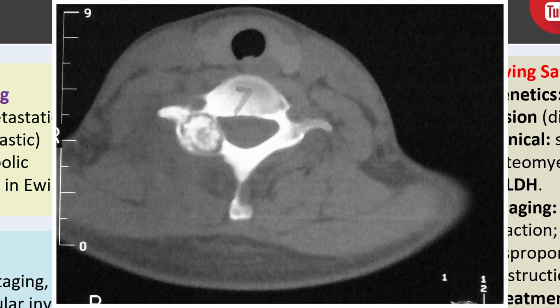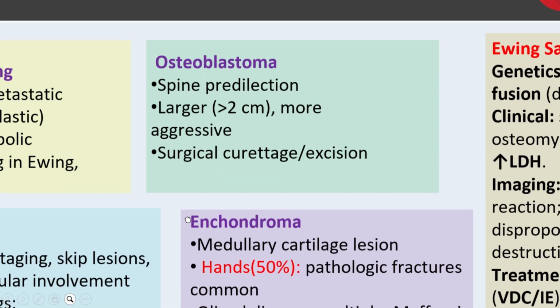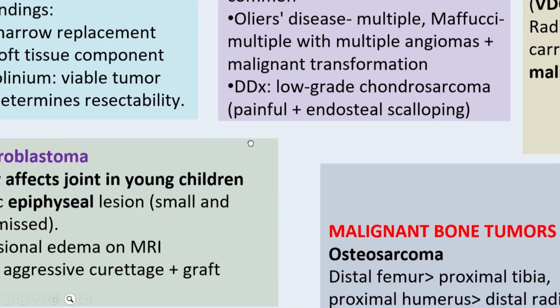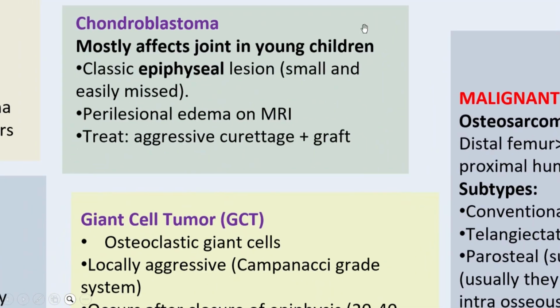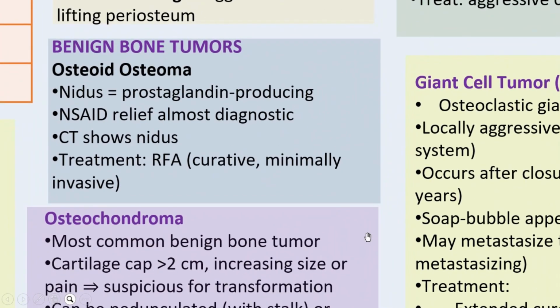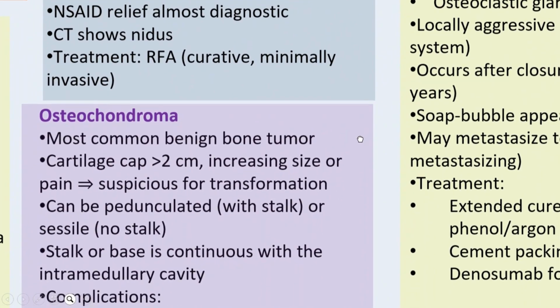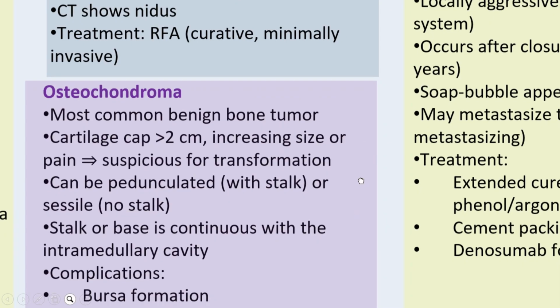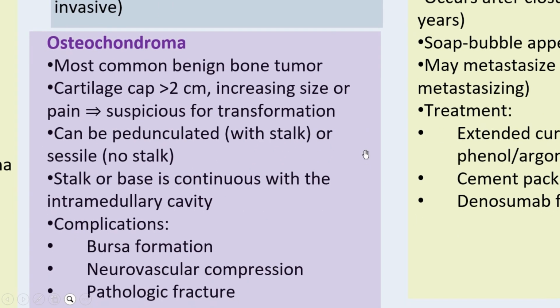The osteoblastoma has a more spine predilection. So if you hear someone having a tumor in the spine, and they're talking about things like nidus and stuff, greater than 2 centimeters, you want to think about osteoblastoma. Just like a blast, big. So it's bigger than the osteoid osteoma.